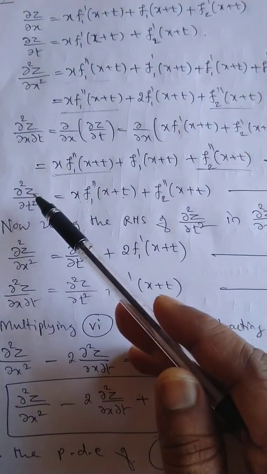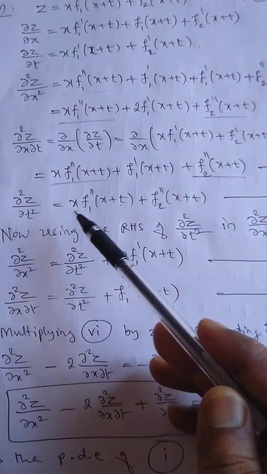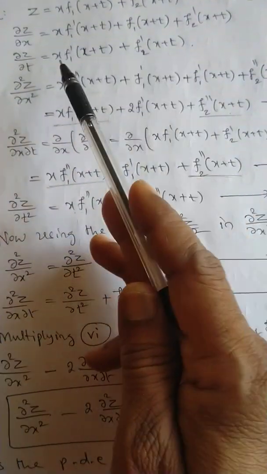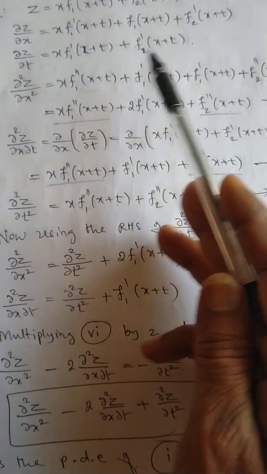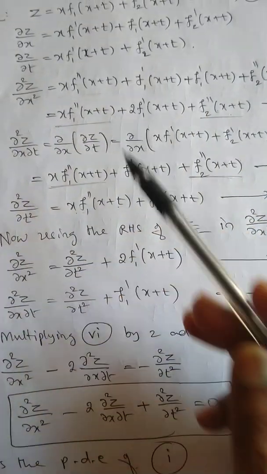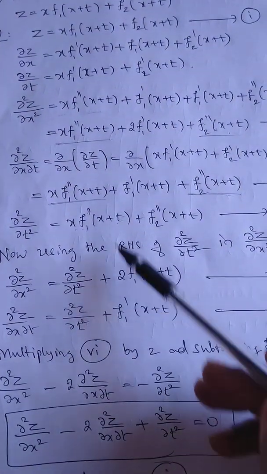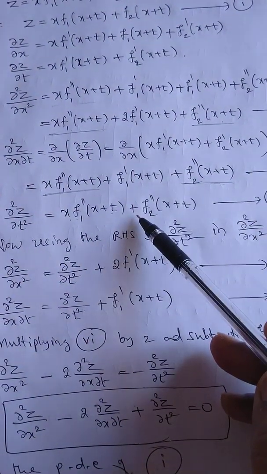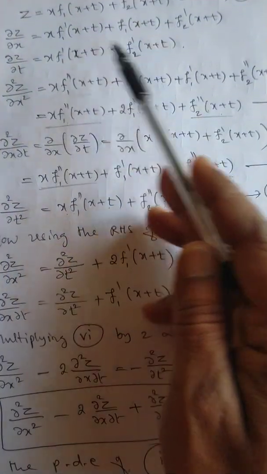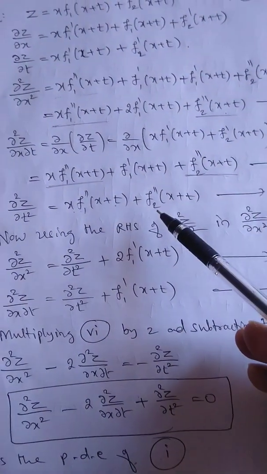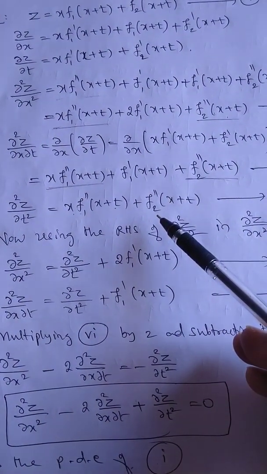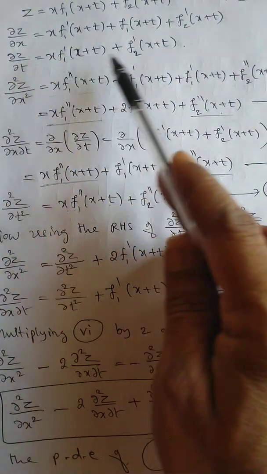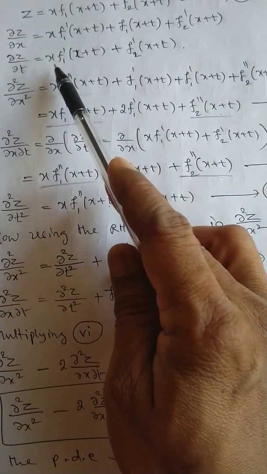Next and last partial derivative is ∂²z/∂t². Take ∂z/∂t and differentiate partially with respect to t. One more time, differentiation of ∂z/∂t with respect to t is this. So x f1 double dash plus f2 double dash. x is constant because we are differentiating partially with respect to t, so we treat this as constant.